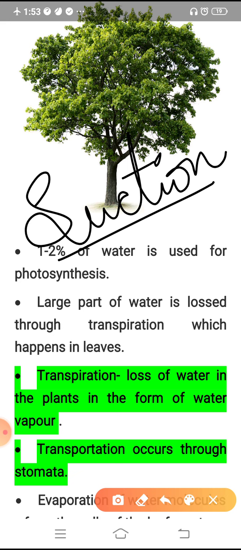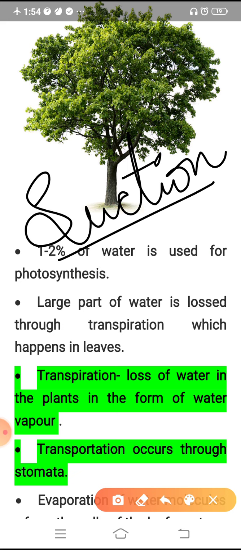The evaporation of water from the leaves creates the suction force, right? Because of this, the water from the roots, as I told, is transported to different parts of the plant. And this suction force actually favors the ascent of sap.